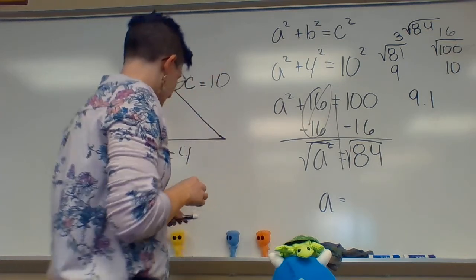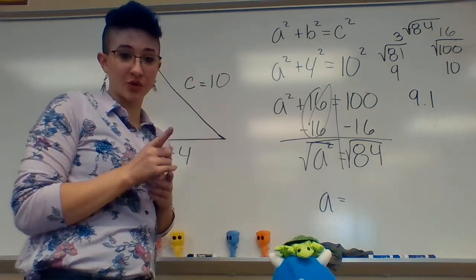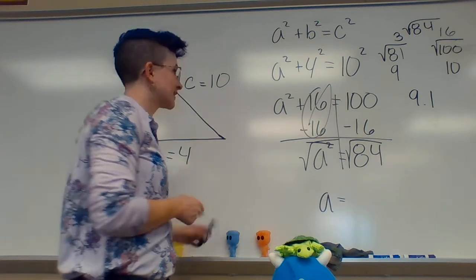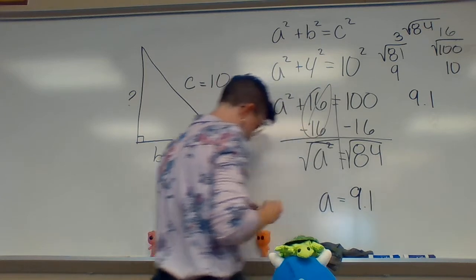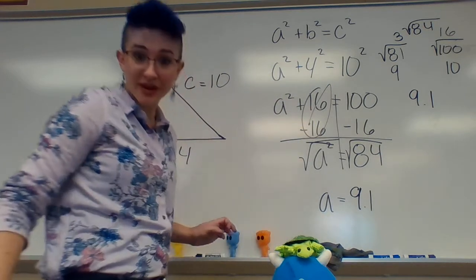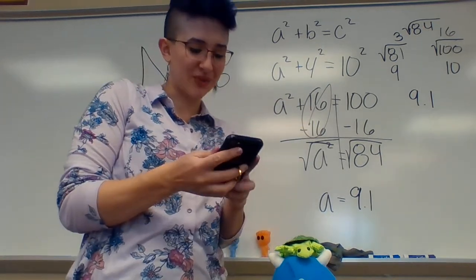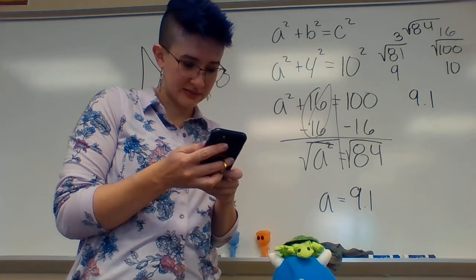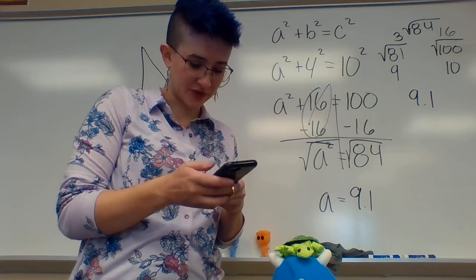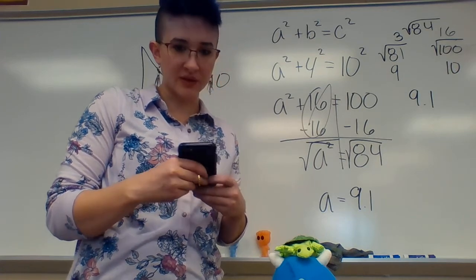Anyway. Okay, so according to this, my estimate for a should be about 9.1. So now, we're gonna test that one out. This is the fun part. I always really love doing this. Go to your calculator. Remember that you need to turn off auto lock.